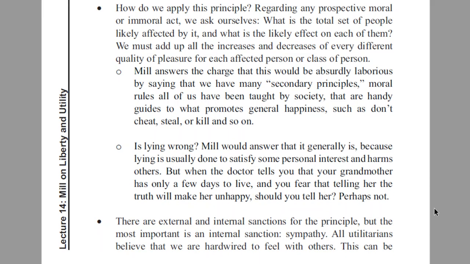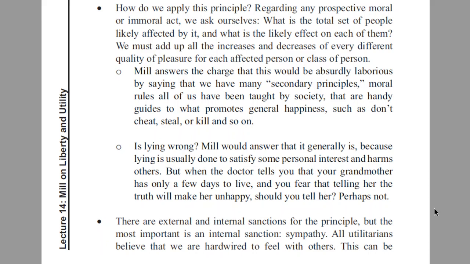Mill answers the charge that this would be absurdly laborious by saying that we have many secondary principles, moral rules all of us have been taught by society that are handy guides to what promotes general happiness, such as don't cheat, steal, or kill, and so on.